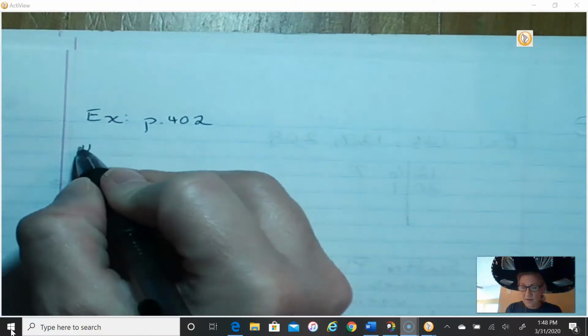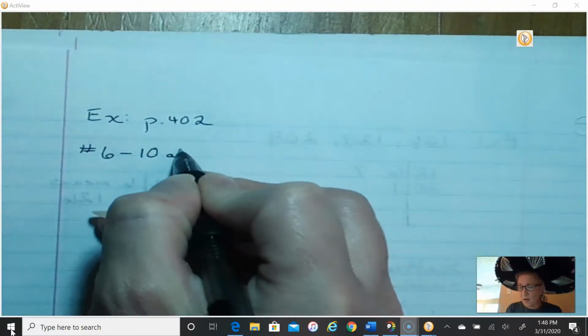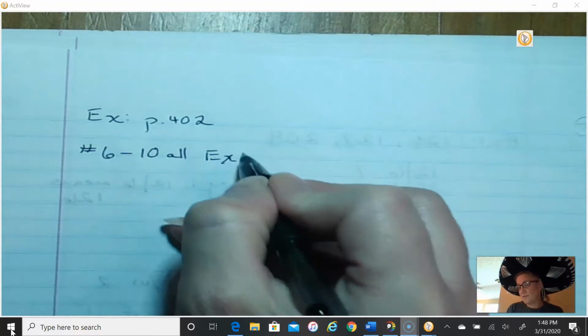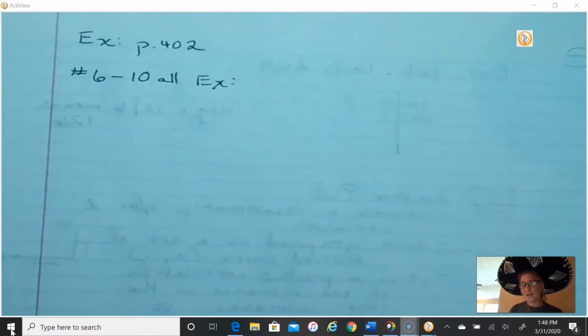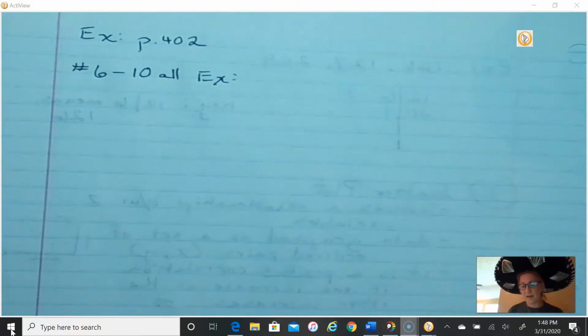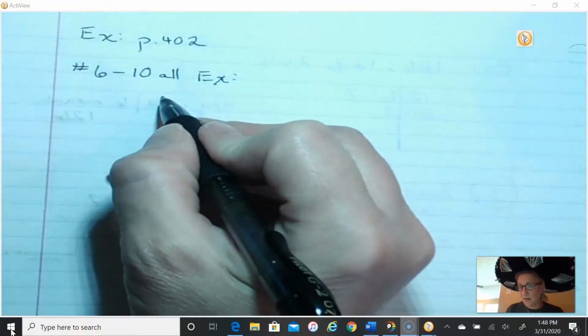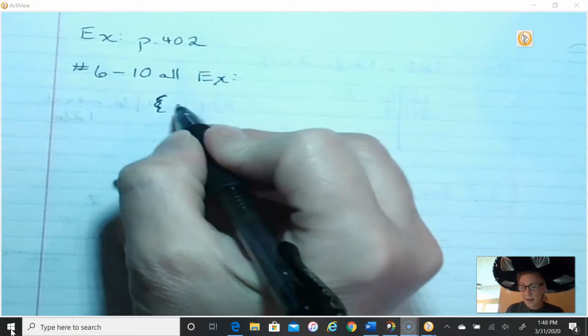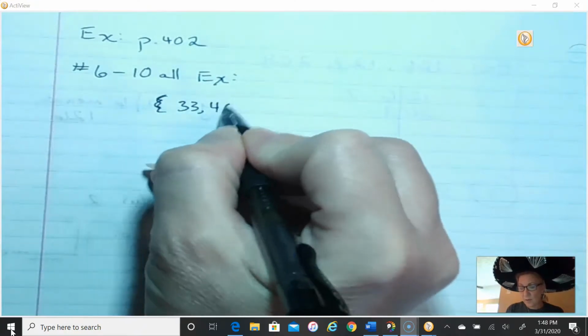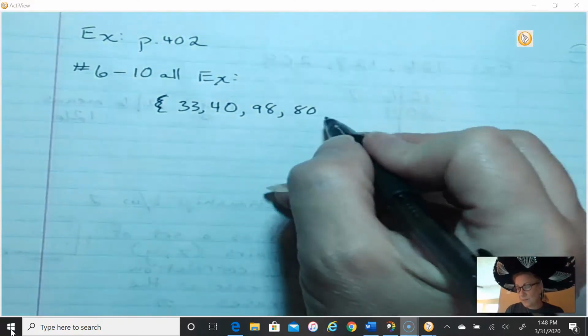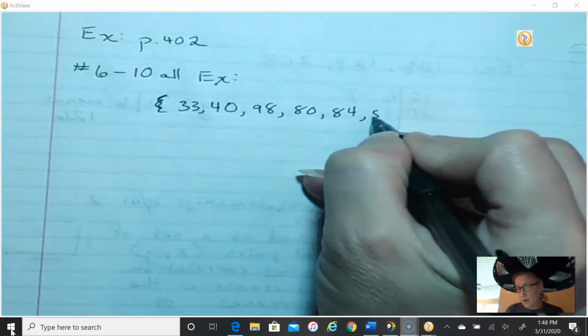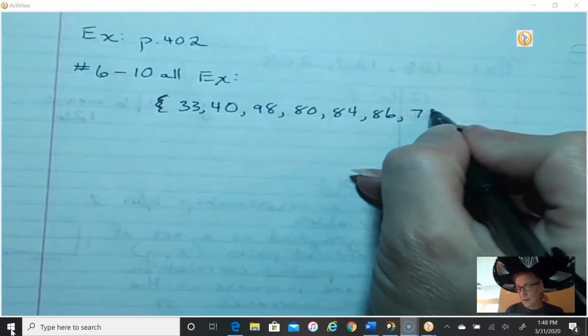We're going to do numbers 6 through 10 all for examples. Okay? All right, for the group of 6 through 10, kind of like we did yesterday, they give you the set of data as 33, 40, 98, 80, 84, 86, 79.